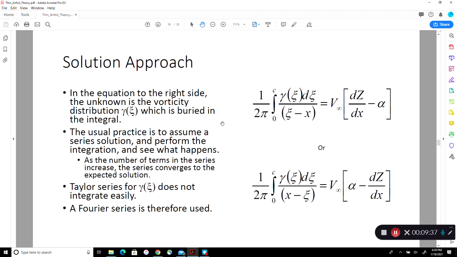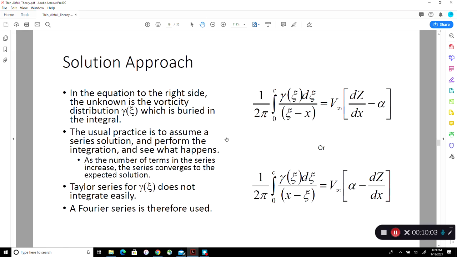So the common practice is you assume a solution, integrate it, and see if it satisfies the boundary condition. We start with calculus 101. Yes, we can assume a series solution for gamma, or a Taylor series or a polynomial solution, integrate it, but it's very hard to integrate xi over xi minus x, xi squared over xi minus x, and so forth.